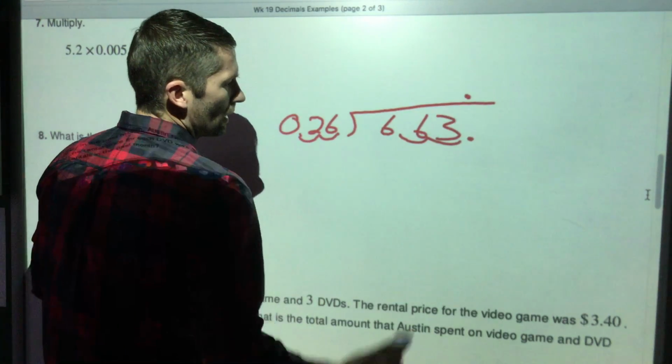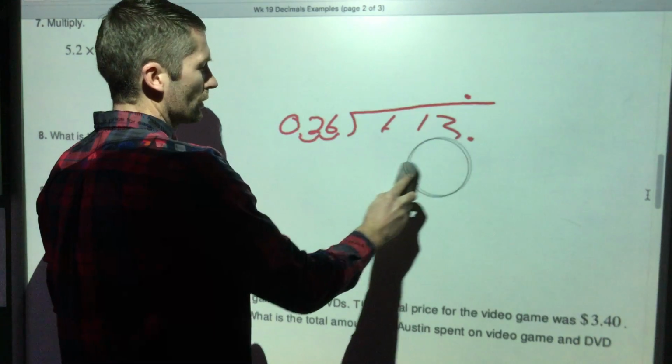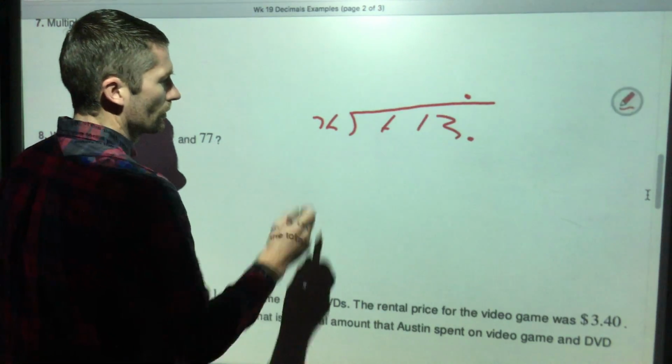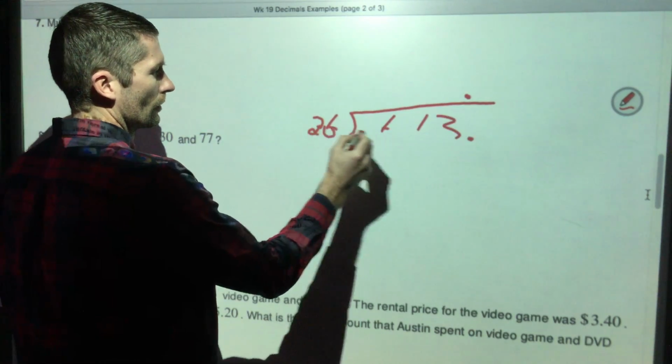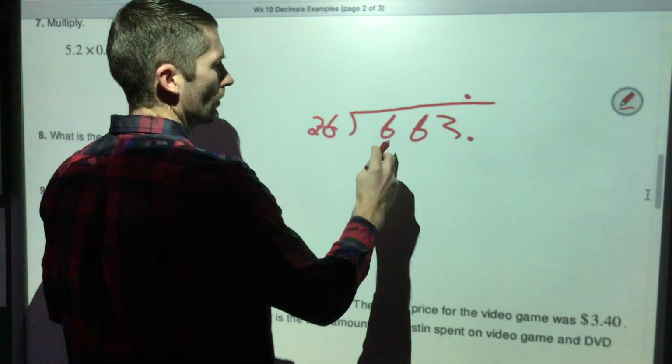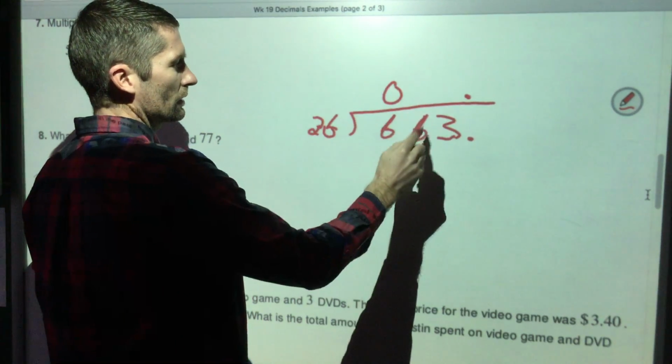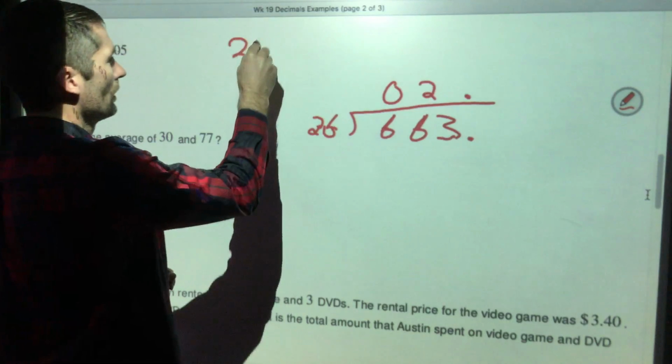Okay. I prefer to rewrite this. That way it's not so sloppy. 26 goes into 6 0 times. 26 goes into 66 2 times.